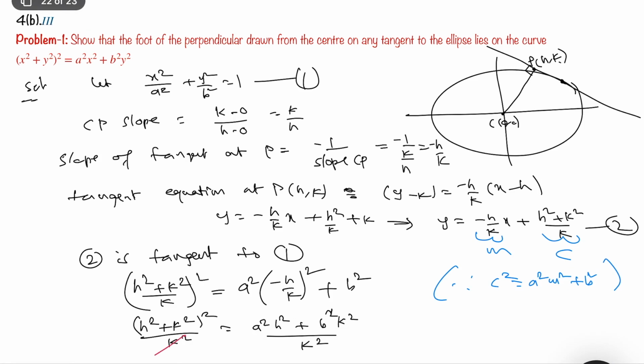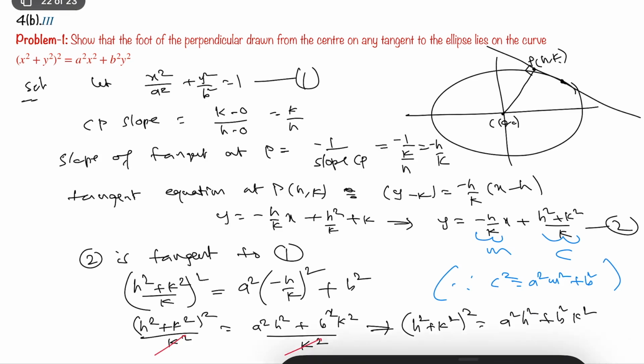Then k square cancels. So we have (h square plus k square) whole square equals a square h square plus b square k square.